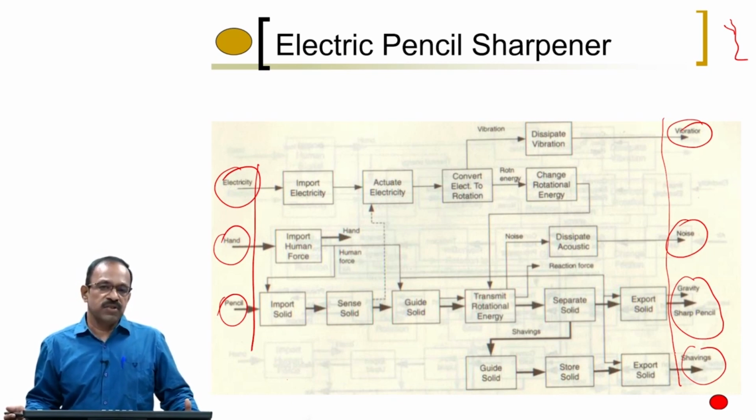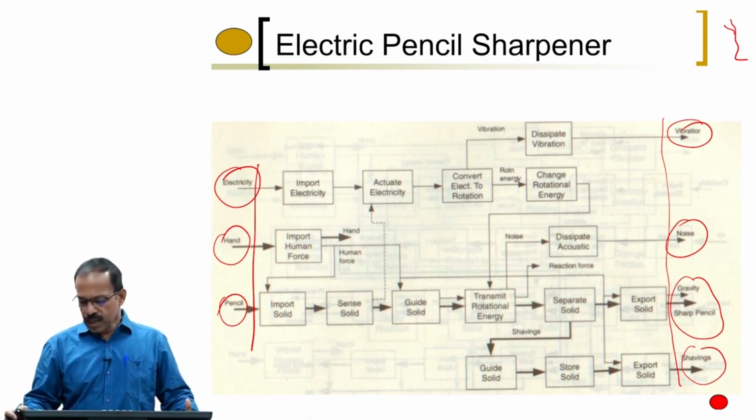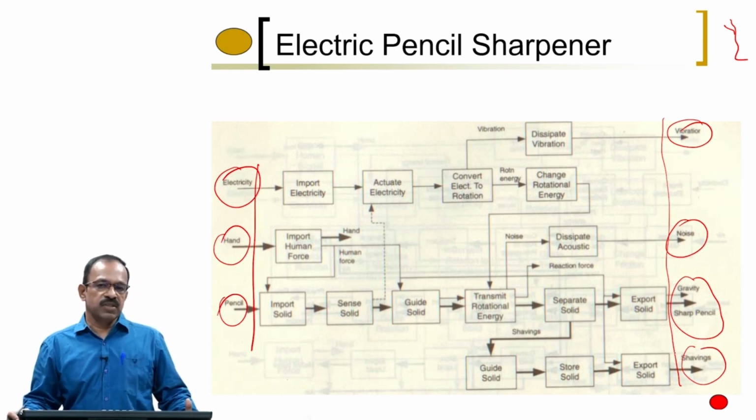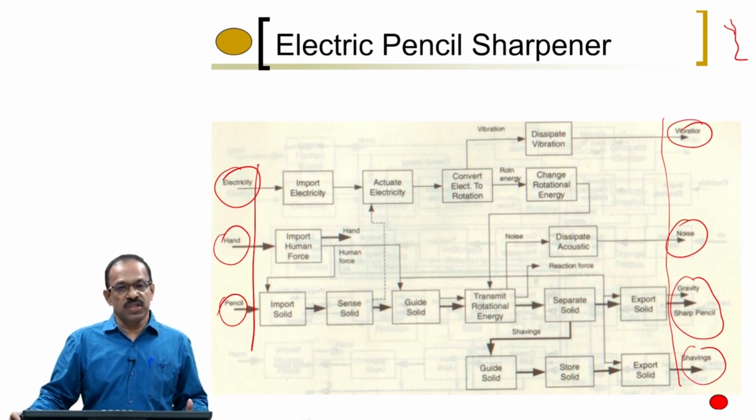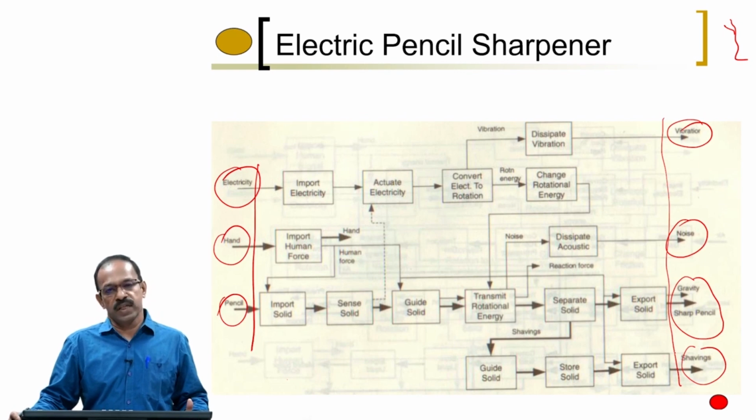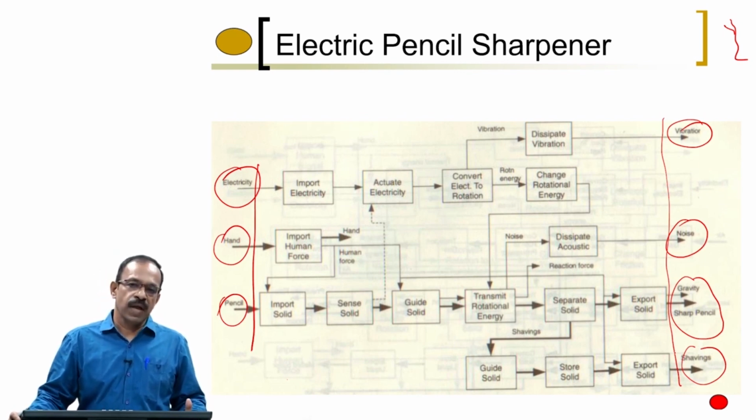One of the applications of this method is to look at the customer requirements and identify what functions to modify in the product in order to meet that particular customer requirement. I will take an example and show you how the functional decomposition can be used to identify the functions to be provided in the product to meet the requirement, as well as to see which function can be modified to meet the requirement.